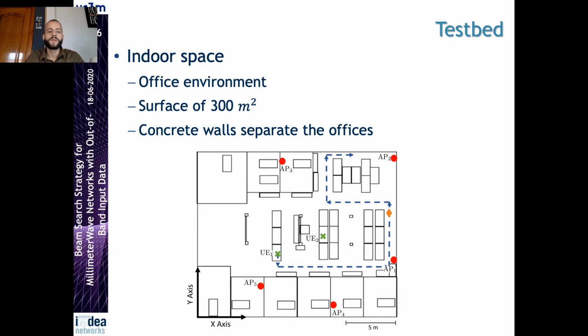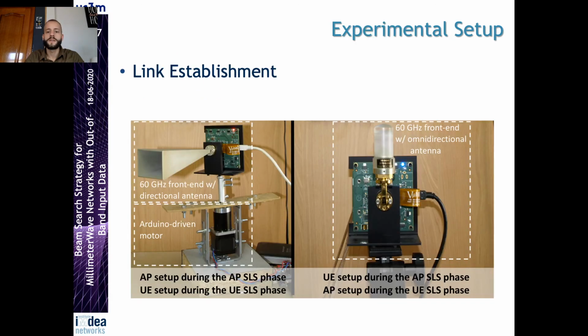Since we conducted different measurements for static users and user mobility, we deployed 5 access points, the red circles, and 2 different users in 2 different positions, the green crosses. For the mobility test, user 1 is going to move along the trajectory you can see in the blue line.